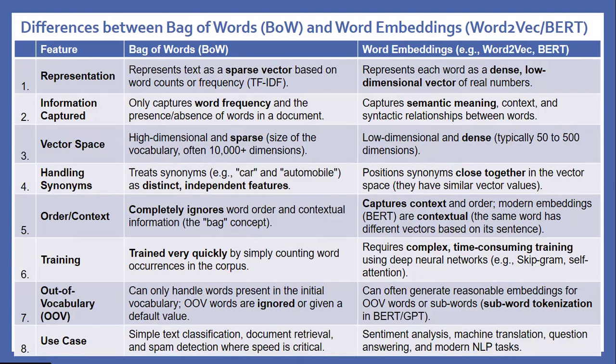Modern embeddings, like BERT, are contextual: the same word has a different vector based on its sentence. Training: bag of words is trained very quickly by simply counting word occurrences in the corpus.